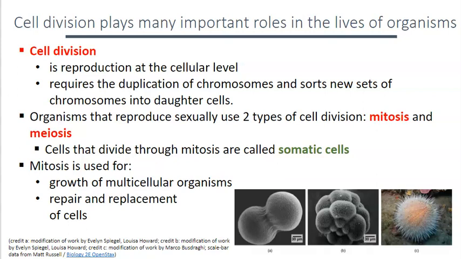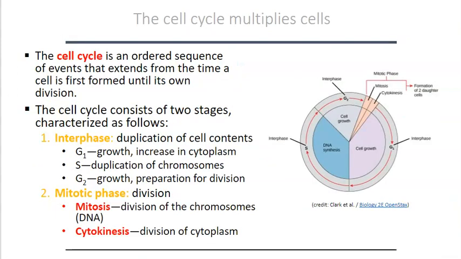So, as I said, we're going to start off first by talking about mitosis, and mitosis is done by your somatic cells. So, again, these are going to be most of the cells that make up your body. Mitosis is going to happen in regards to those cells that aren't going to become your eggs and your sperm. It is important to recognize that certain cells in the body are amitotic.